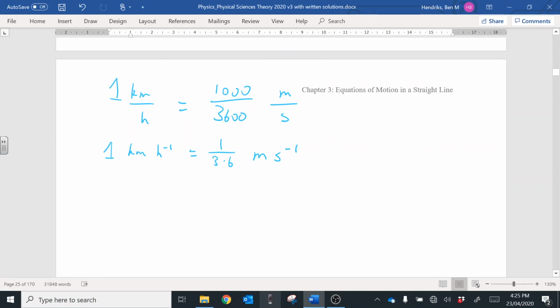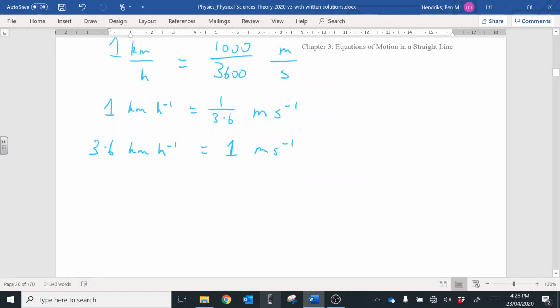And then if we want to times both sides by 3.6, we get 3.6 kilometres per hour is equal to 1 metre per second. And because I like algebra, if we just times both sides by x, we end up getting 3.6x kilometres per hour is equal to x metres per second.